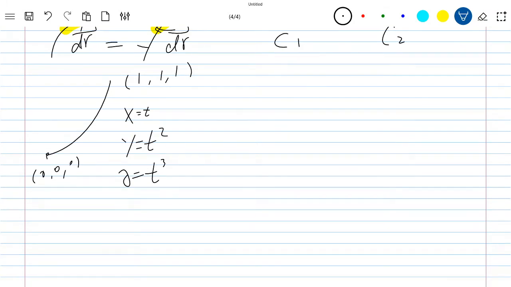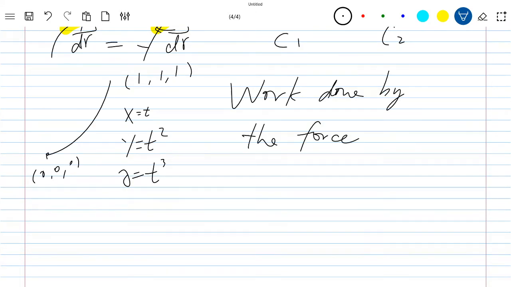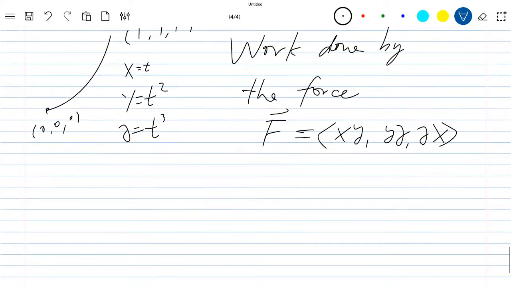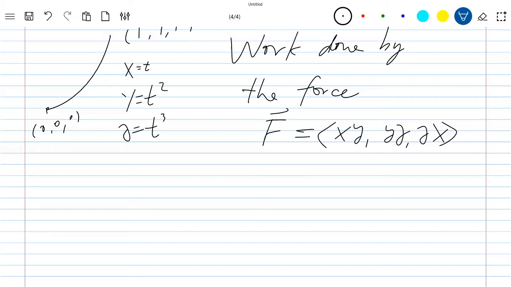So it means t goes up to 1, right? Let's find the so-called work done by the force. And this force is given as a function of space, let's say (x, y, y, z, and zx). So what is the work done by a force? Well, it's just a physical name for the integral.